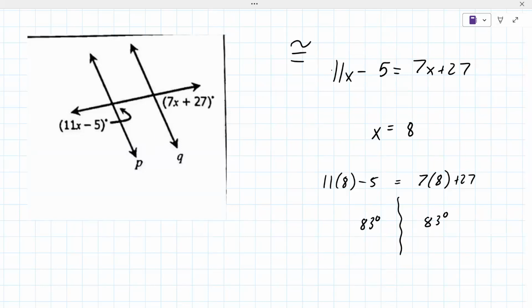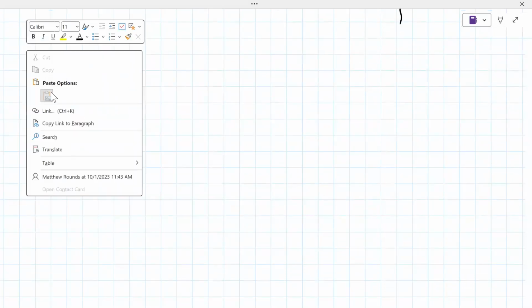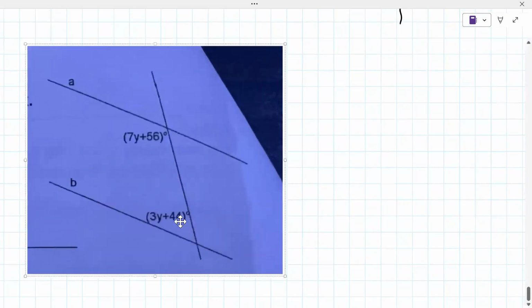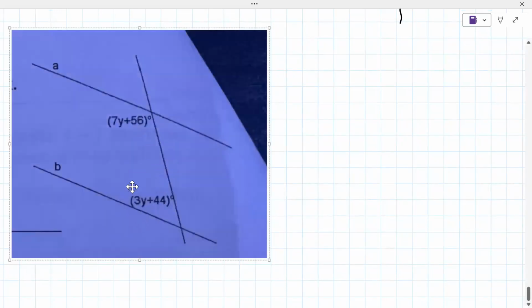The real challenge here is deciding: are they congruent or do they add up to 180? So these two angles here, are they congruent or do they add up to 180? Which of those groupings of angles are they from earlier?